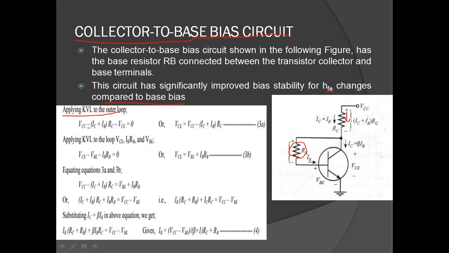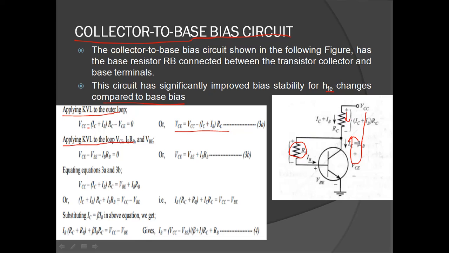Okay, so this is the loop we are talking about, the outer loop. VCC minus (IC plus IB) into RC minus VCE is equal to 0, or you can rearrange it as like this.